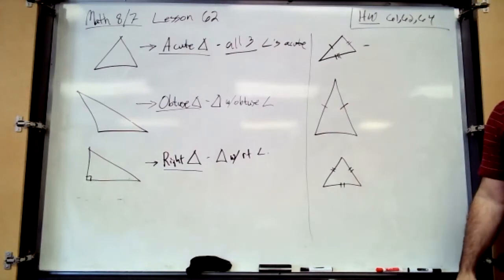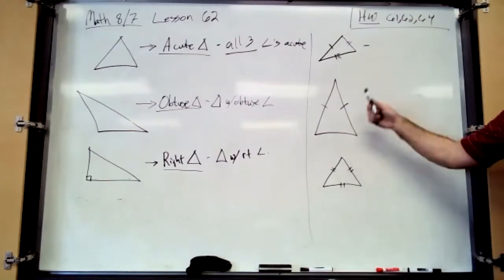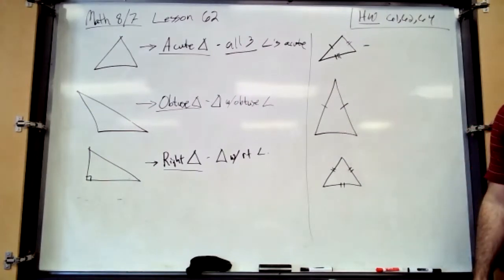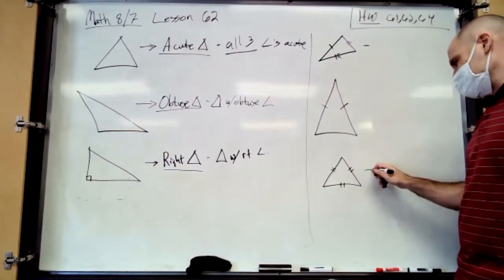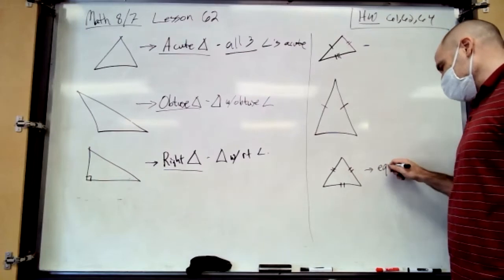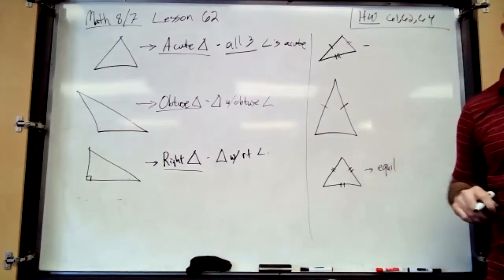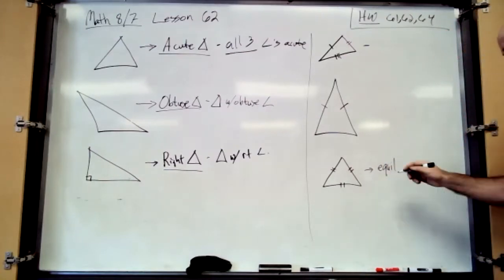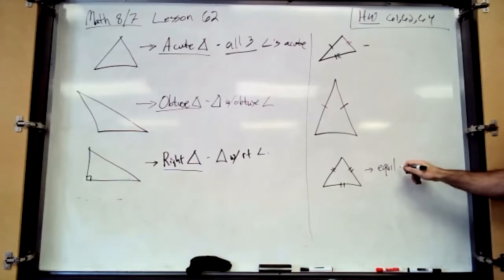Okay, so what do you call this triangle? Anyone know the name of this? Which one? This one? Or any of them? Grace? Bottom one is an equilateral. Equilateral, that's right. So equilateral, literally, I can use the word literally because it literally means equal sides.